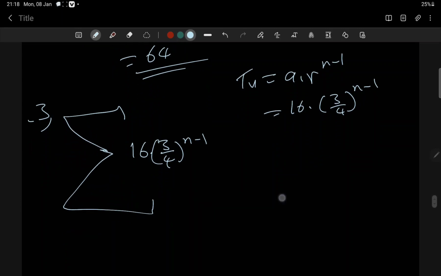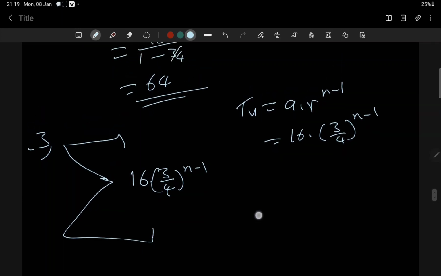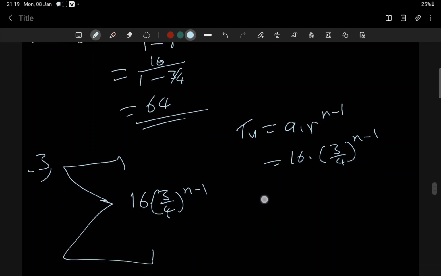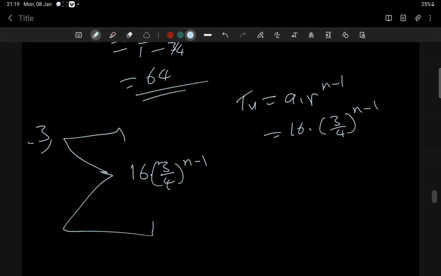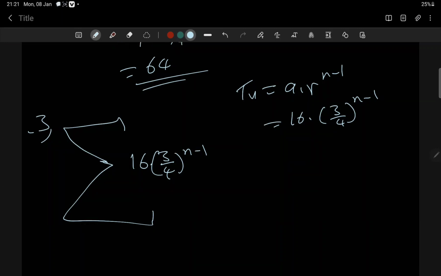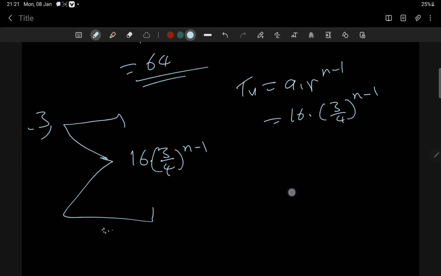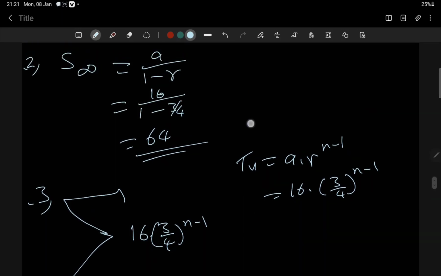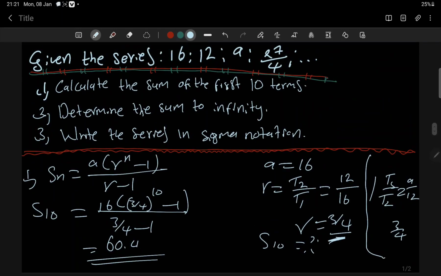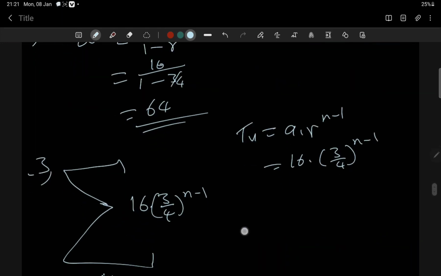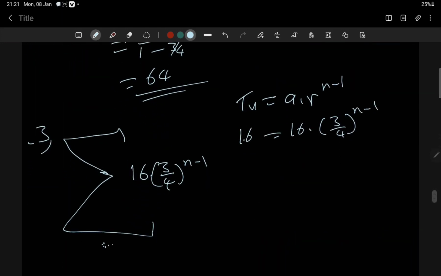And then we need to find the term here. Where does it start? So what do we need to do here? The first term was 16, right? So we'll have 16. Okay, to get the n from the bottom part, we just have to find the nth term for the first term, and then that first term was 16. So substitute 16 here.